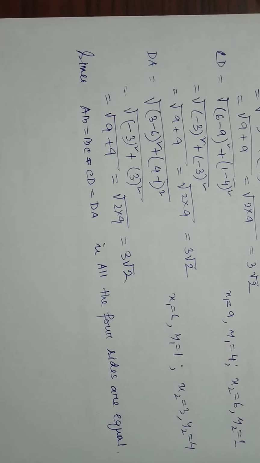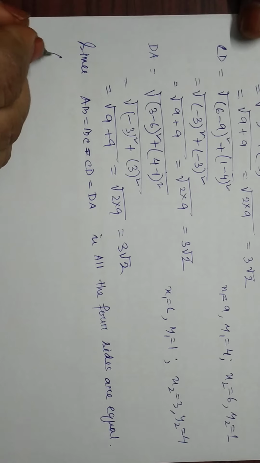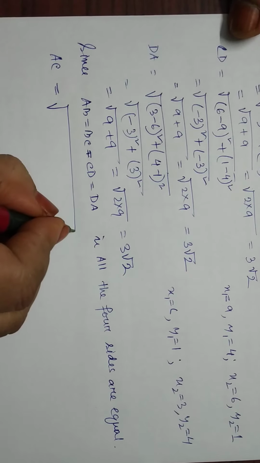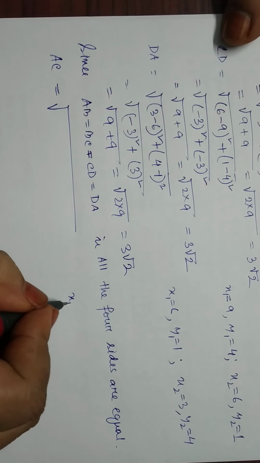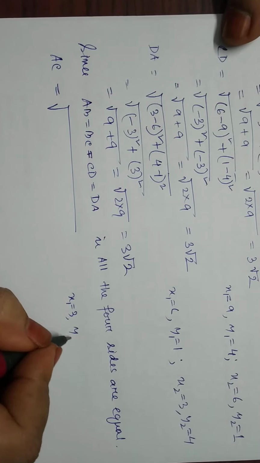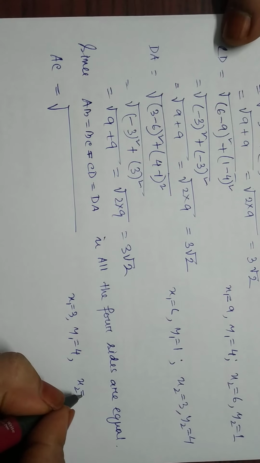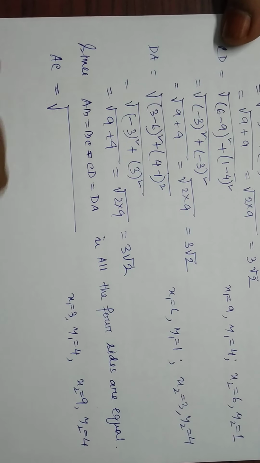Therefore, first we have to find AC. AC is equal to root over, A: x1 equal to 3, y1 equal to 4, and C: x2 equal to 9 and y2 equal to 4.